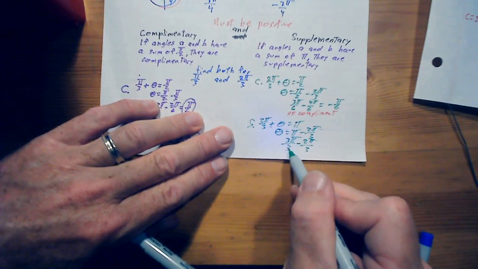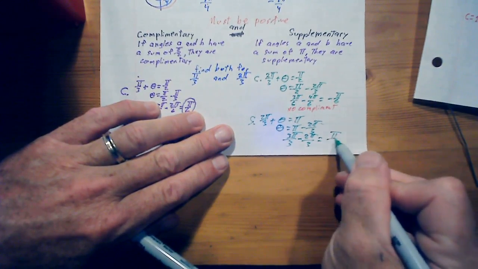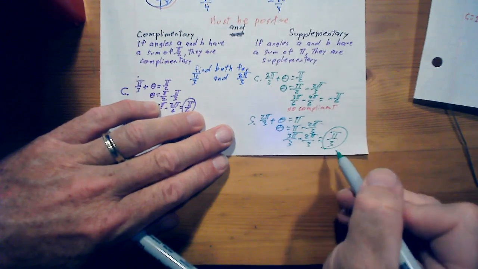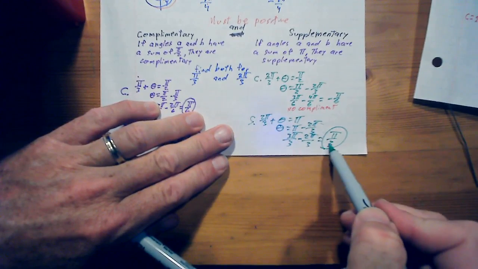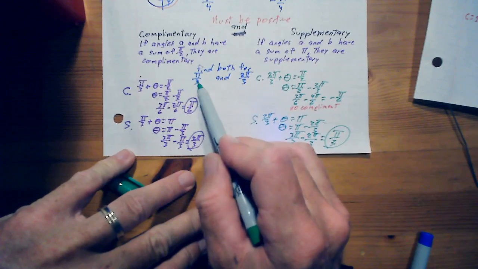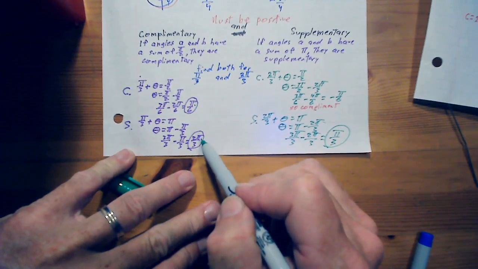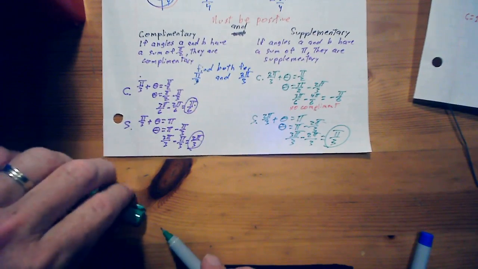Pi is the same as 3 pi over 3. Subtract, and I get pi over 3. Oh, well, I got that before, too. So it has a supplement. 2 pi over 3 has a supplement, but has no complement. And pi over 3 has both a complement and a supplement. Big words, a lot of material. Take a look at the homework.